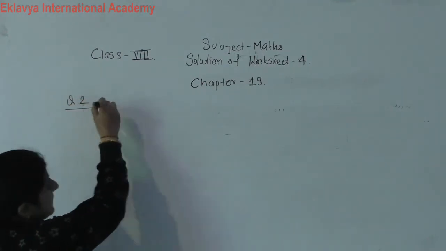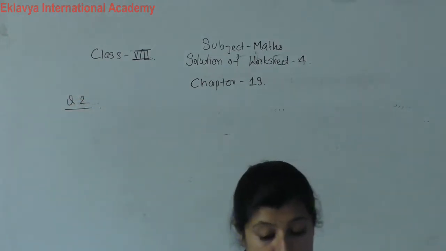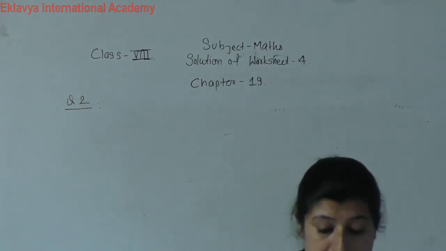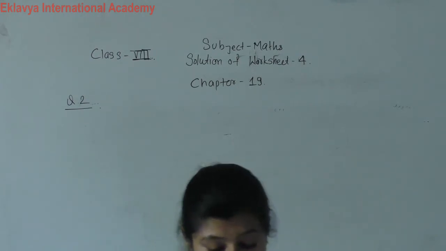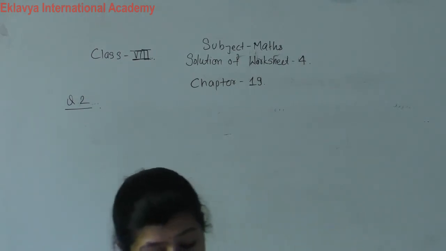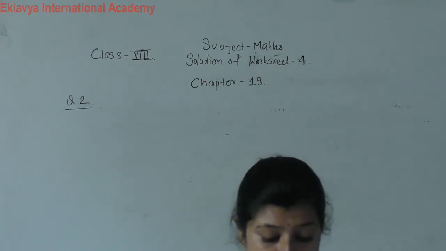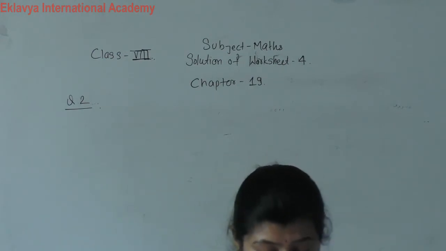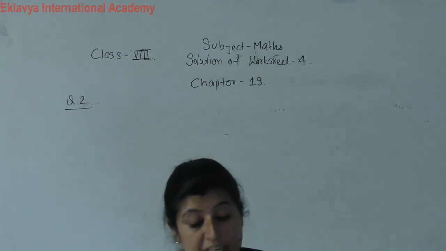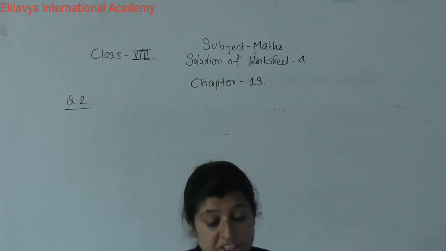Question number second, see. The bar graph shows the preferred breakfast food for 40 students. The number of students who prefer parathas as a percentage of total number of students is. See, you already have the bar graph in your worksheet.